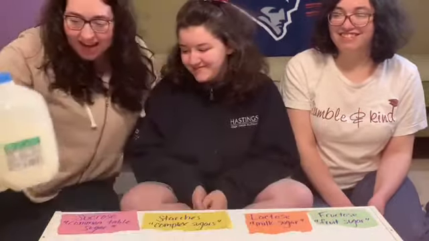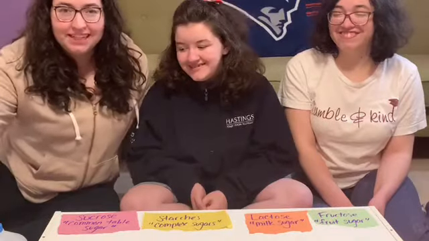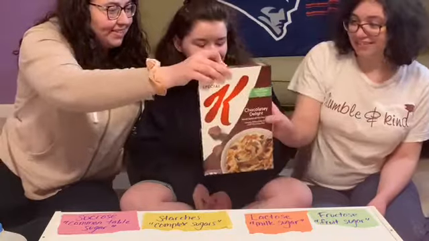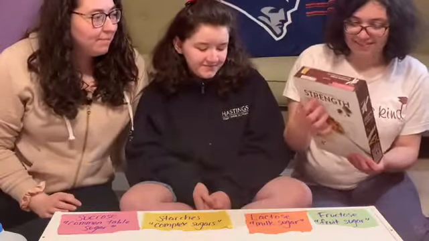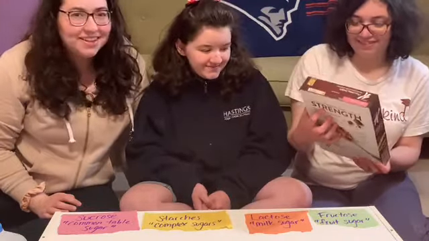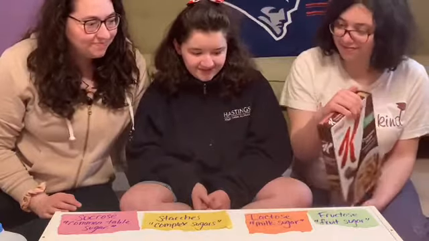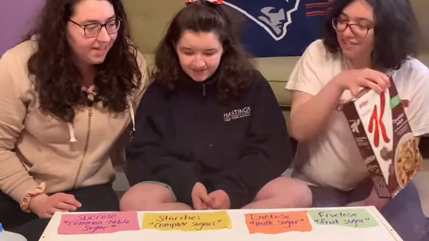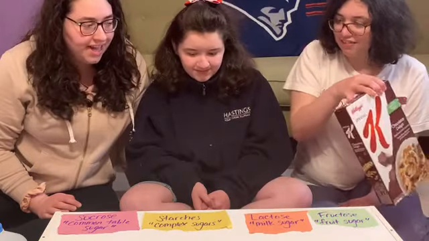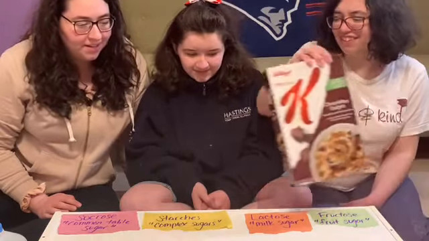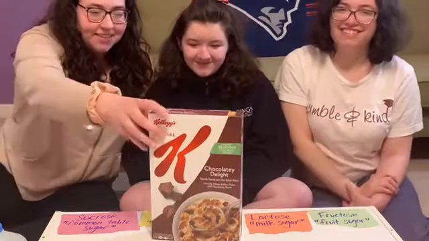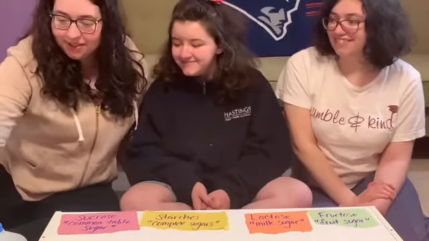Wow. We're tied right now. An early tie. Contestant 2, you have your next object to guess. Some cereal. You have sucrose, starches, lactose, or fructose to guess from. I'm gonna say maybe this one. Bingo! Starches! Awesome job, Contestant 2.